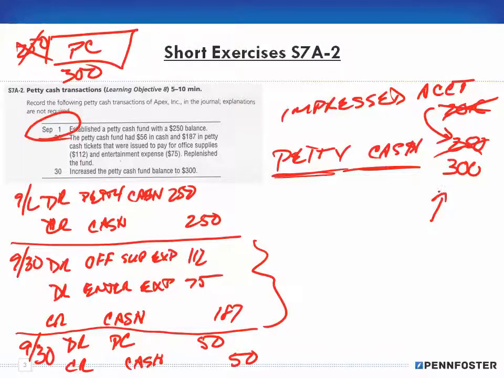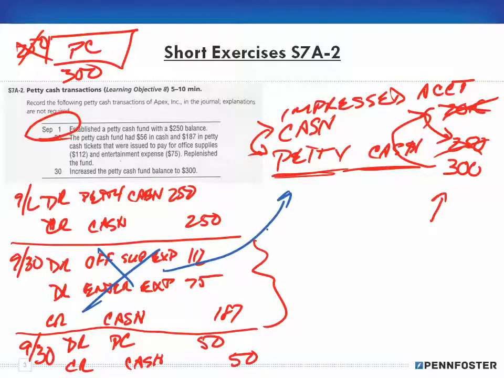If you feel that 300 is too much and you want to take some out, then you can take it out and put it back into your cash. But that's the only transactions you're affecting: you're using petty cash to move between the cash and the petty cash. Do not put your expenses into that petty cash account. I've seen students do that, and that's wrong.